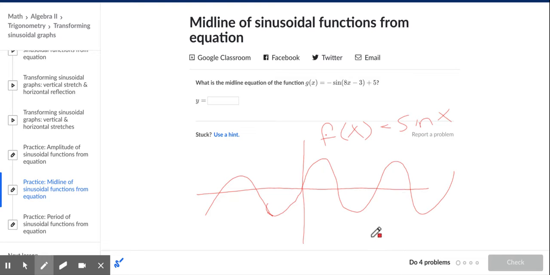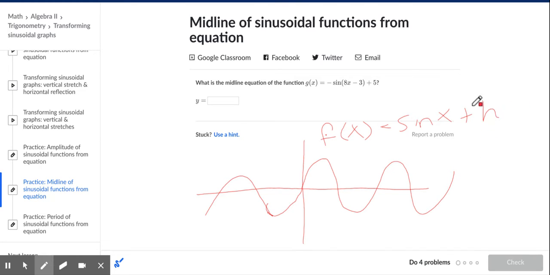So what do we usually do to functions to raise or lower them? Because that's what we're doing, right? When we're changing the midline, we're raising this function or lowering it to wherever the midline is. So remember that if we add or subtract a number from the function, it is going to move it in the y direction.